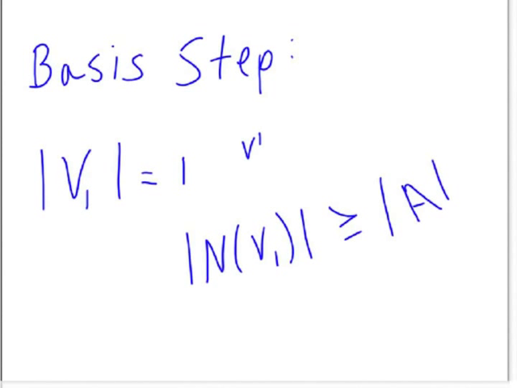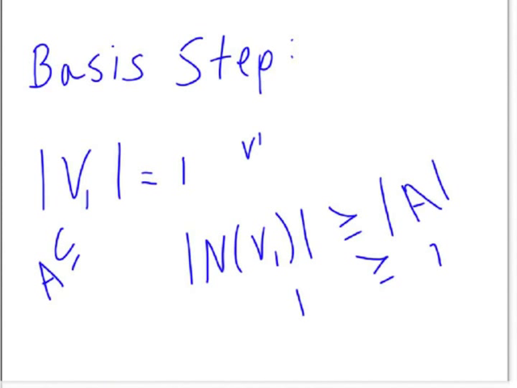Okay, and so if you let A be this subset, which is just the set itself, then the cardinality of itself would be 1. And because we're assuming Hall's condition to be true, we know that v prime must have a neighbor, and therefore the neighboring function must be greater than or equal to 1, because v prime could have multiple neighbors, so that satisfies both greater than and equal to. So we know that this is at least 1, but can be more.